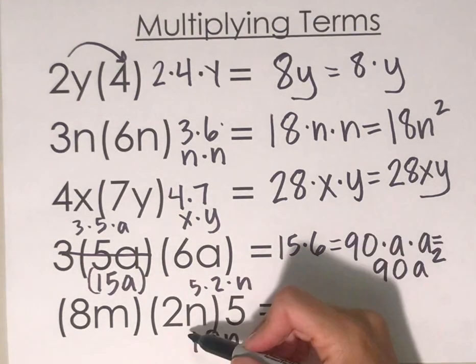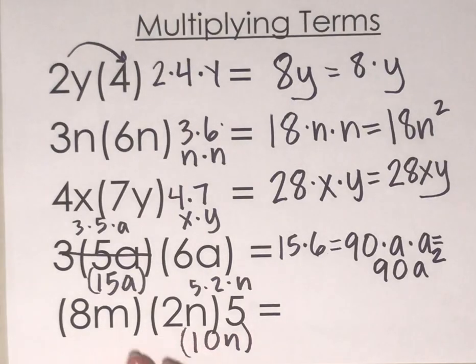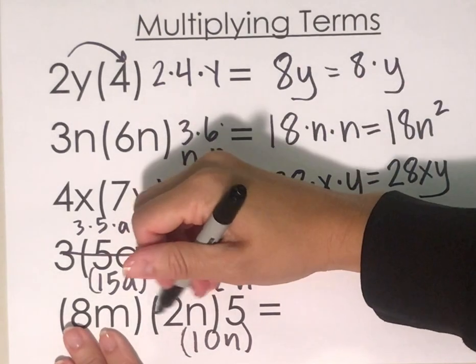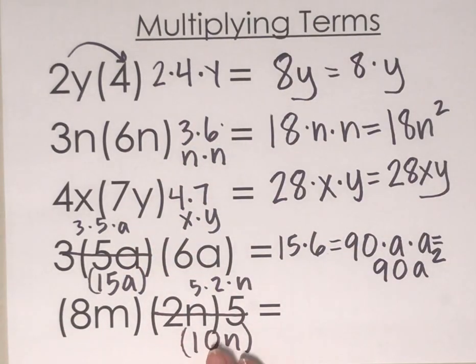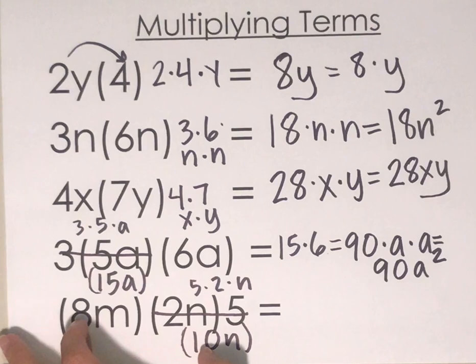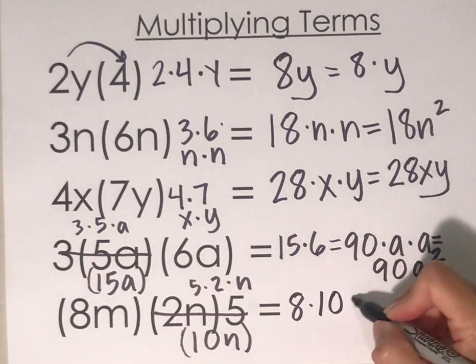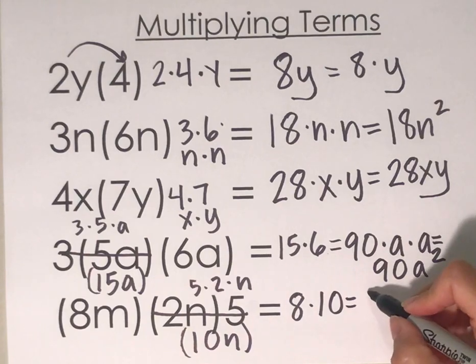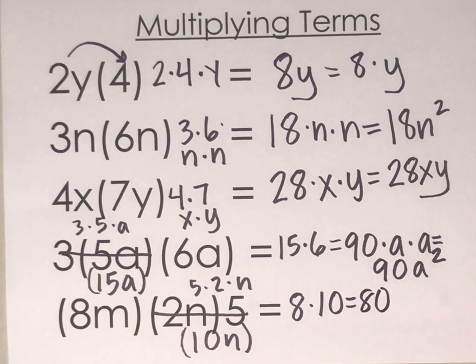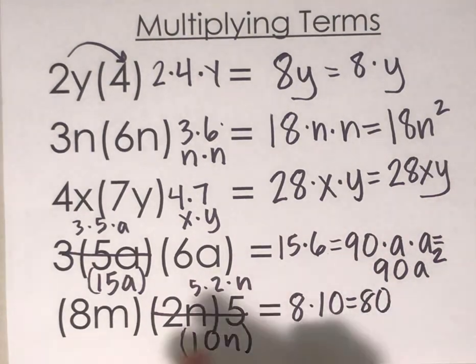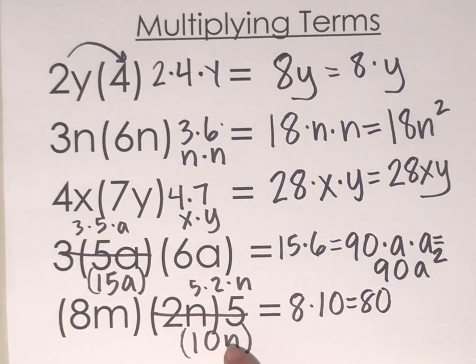Then I'm going to take that 10n, and I'm going to now multiply it by the 8m, because that's gone now, because I've turned that into 10n. Now I'm going to multiply that by 8m. So again, I'm going to multiply my numbers. That's 8 times 10, which is 80. Next, I have an m and an n.